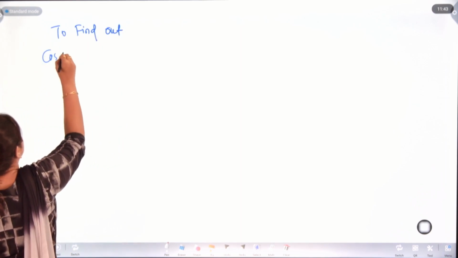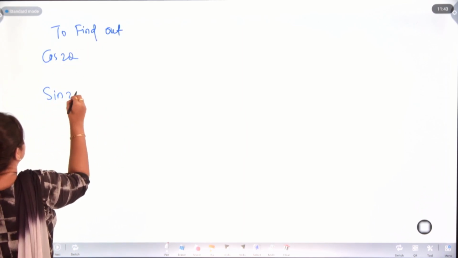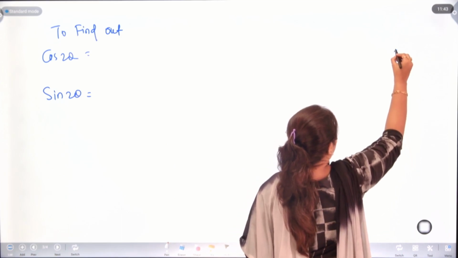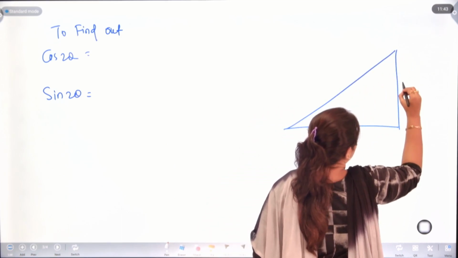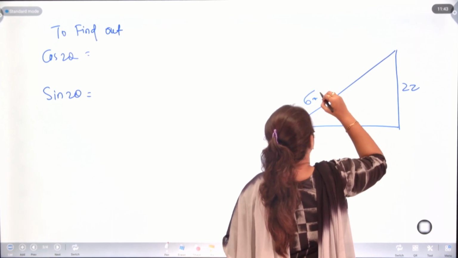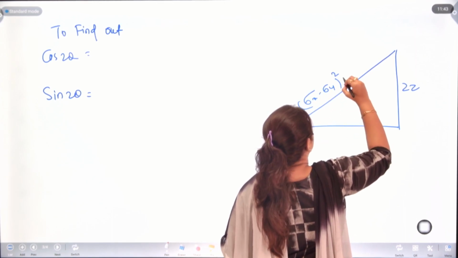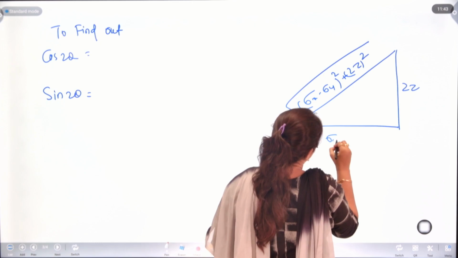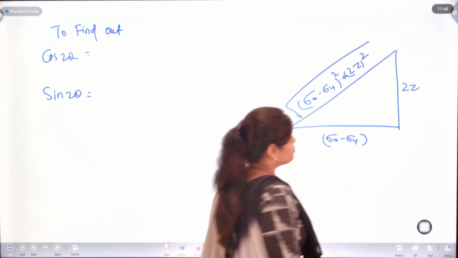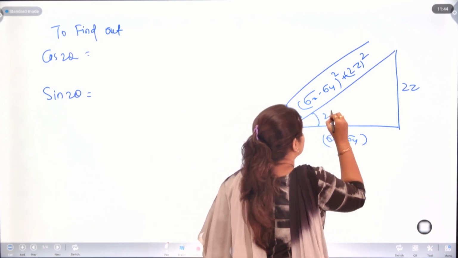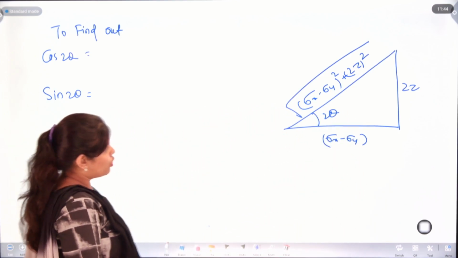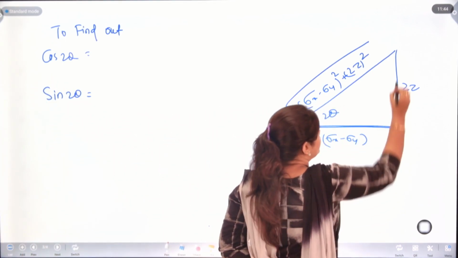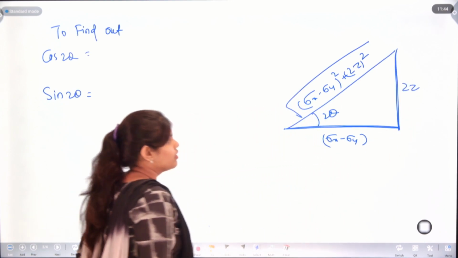To find out cos 2 theta and sin 2 theta, we need that triangle. Here we have 2 tau and sigma x minus sigma y, and we have the angle 2 theta here. To find cos 2 theta, we will have the perpendicular here and the base here.